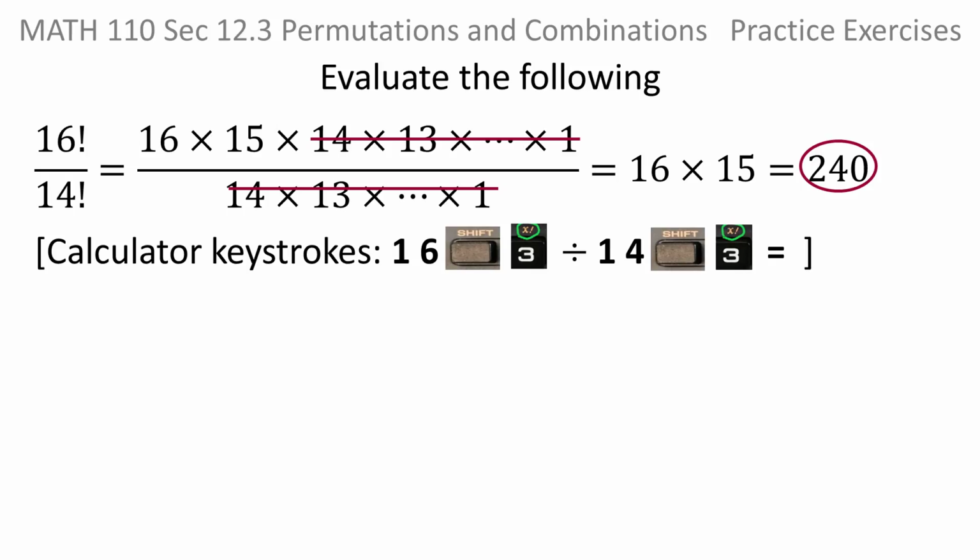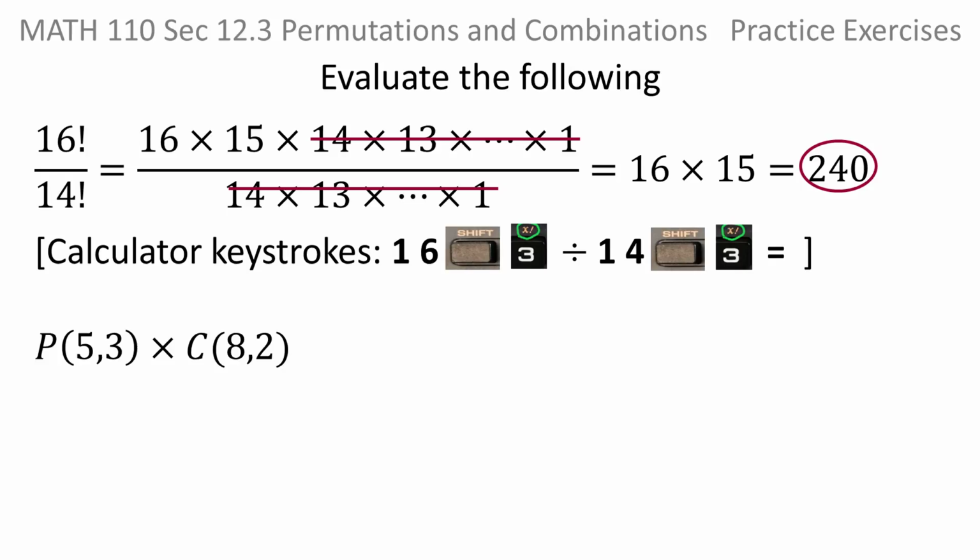So this is the numerator calculation. This is the denominator calculation. And in order to make it actually show the division result, you have to press equal at the end. And you'll end up with 240. It's the same as before.